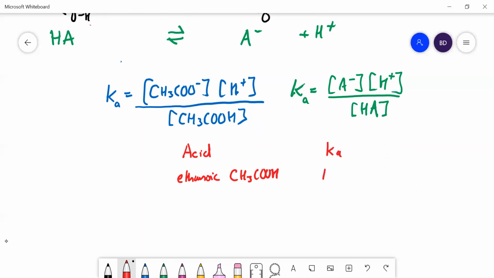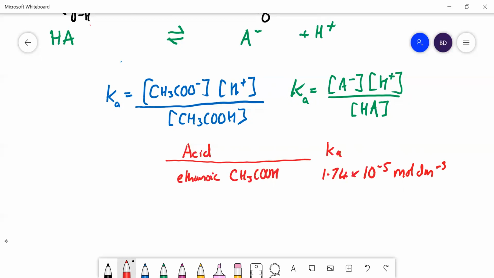It's usually quoted as 1.74 times 10 to the minus 5. Now, what are the units going to be? The units of Ka: you've got two lots of mole per decimeter cubed on the top and one on the bottom, so those cancel out. So the units are mole per decimeter cubed. That's for any acid, because it's always about releasing 1 proton per molecule.